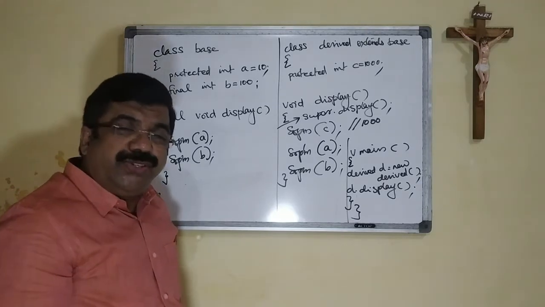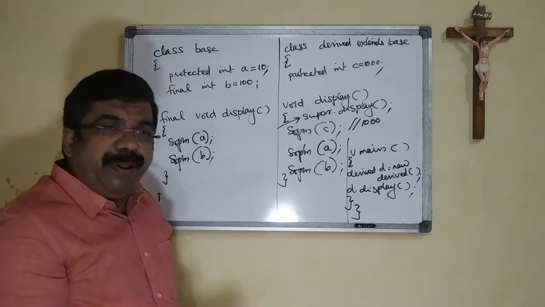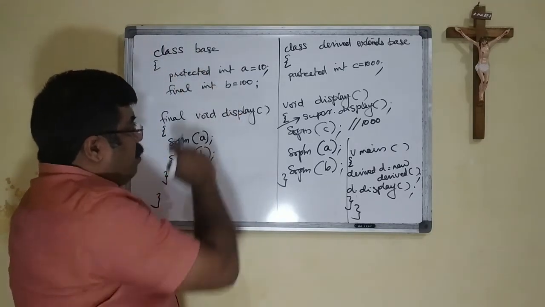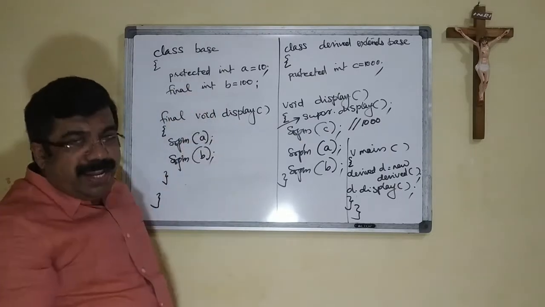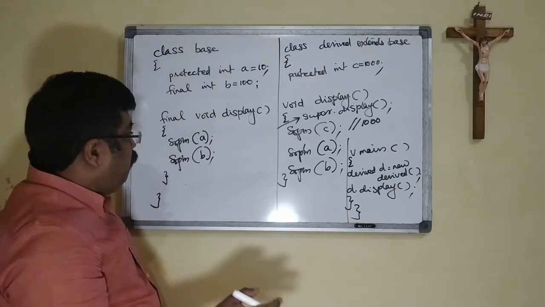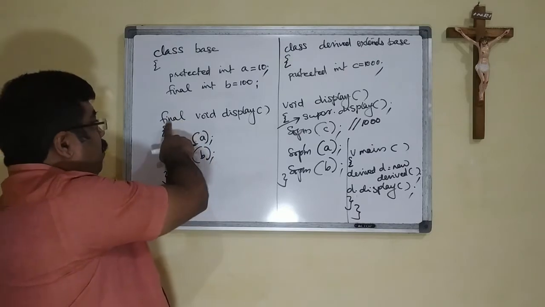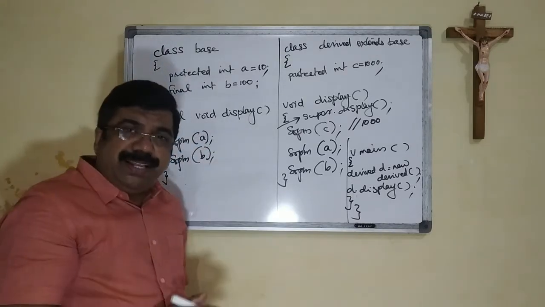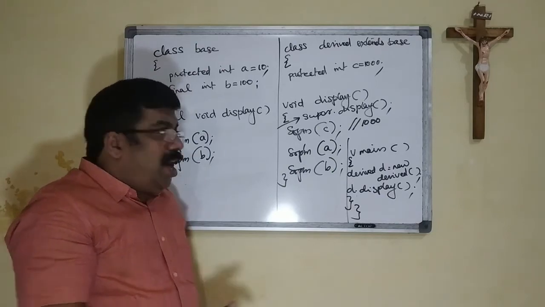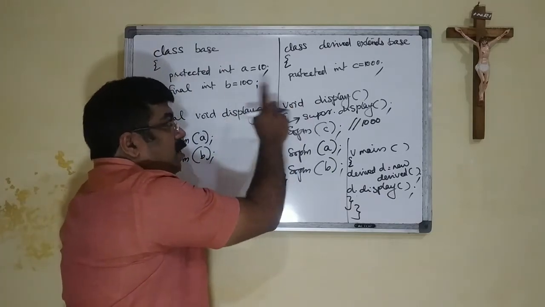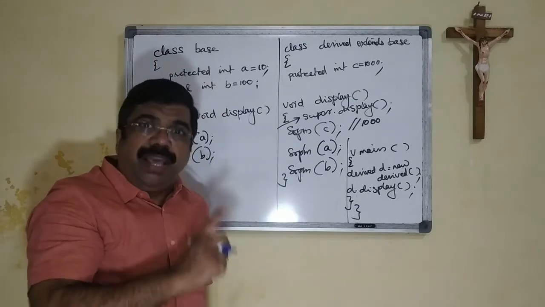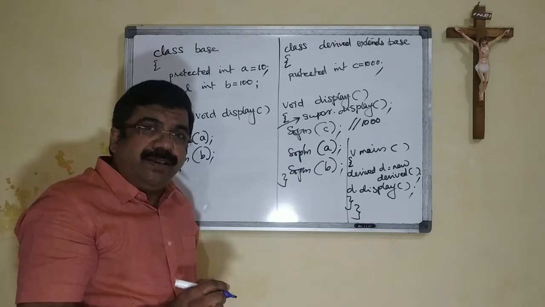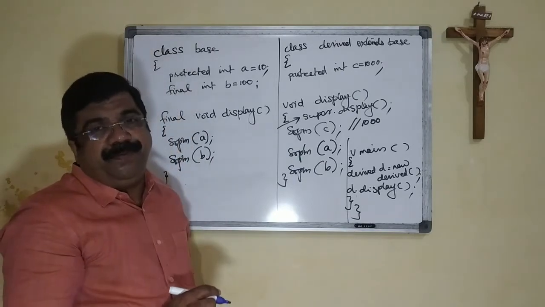Okay, let's go through this. What is going to happen when we have a base class having data members? One is final, and final variables cannot be modified. We have a final member method in the base class, and when we use the same method name in the derived class with the same signature, it is known as method overriding.